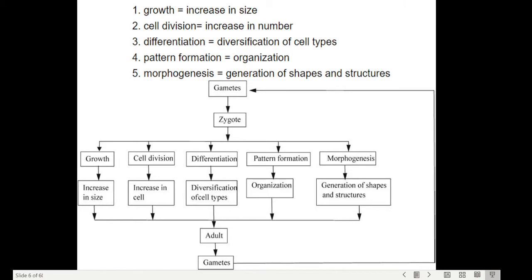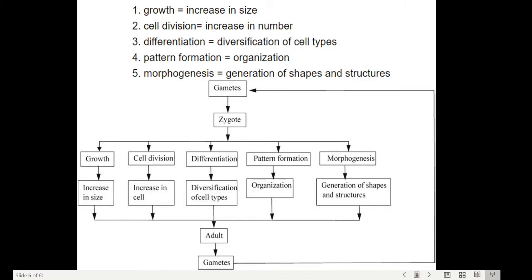That is the key step, which is organization. Another thing is morphogenesis, the generation of shape and structure. After forming the pattern, it develops into the particular shape and structure.